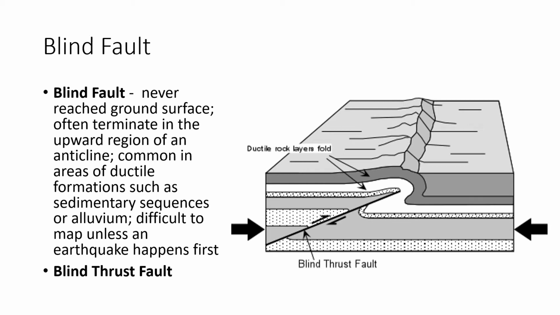Okay, normally we only get to know if the blind fault is active or not after an earthquake. And this is what happened in the Negros earthquake years ago. I think it was in 2014 or 2012. Okay, so you have a blind fault.